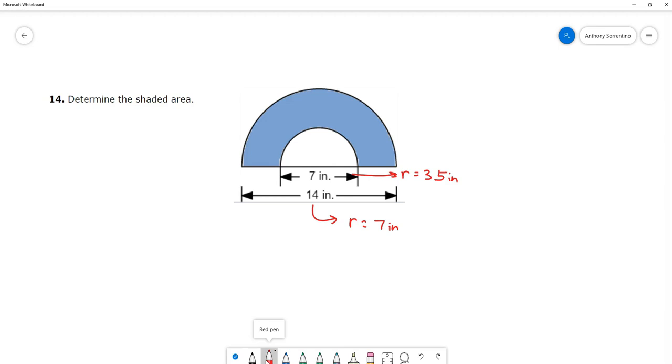So the area of the shaded region is the area of the bigger semicircle minus the area of the smaller semicircle. And the area of a circle is pi r squared.